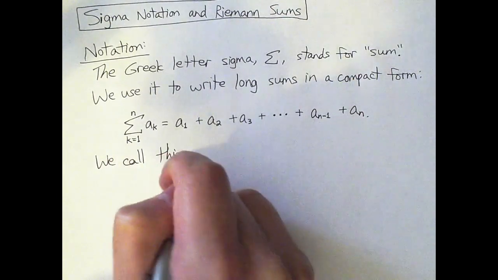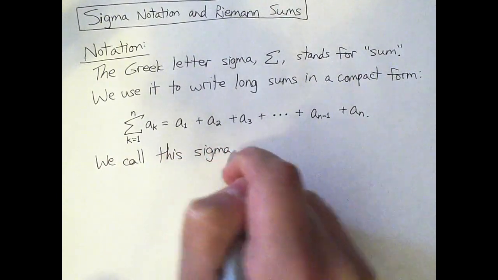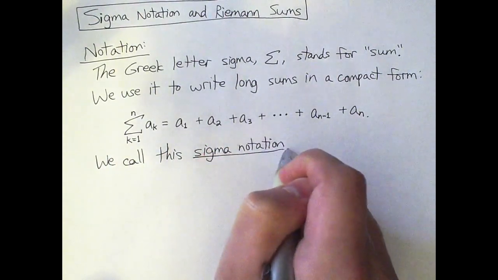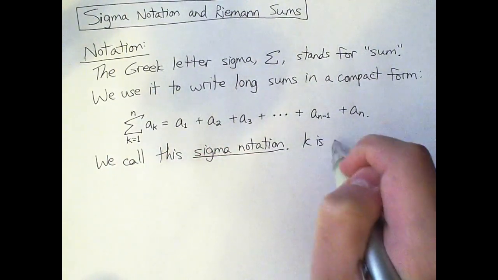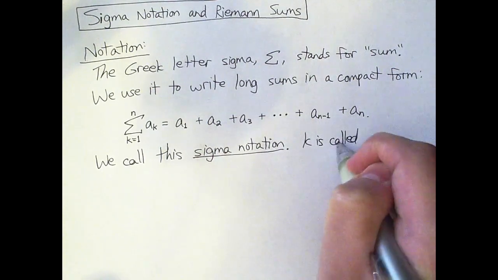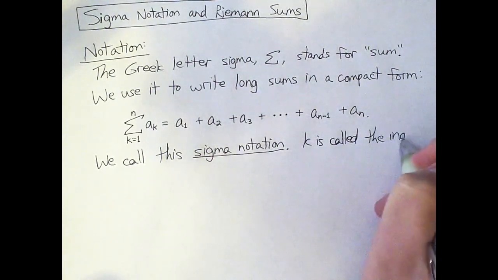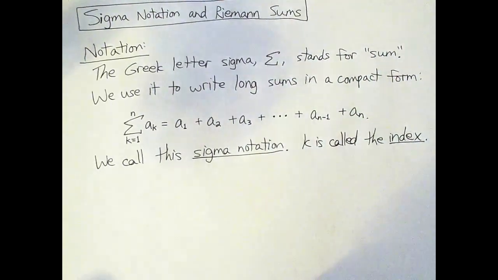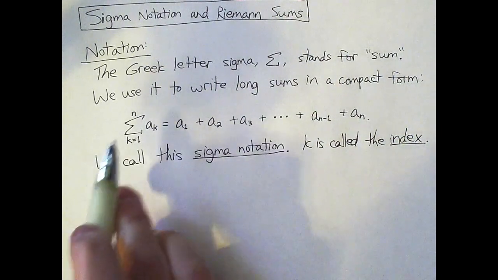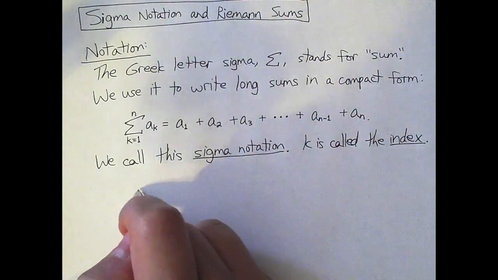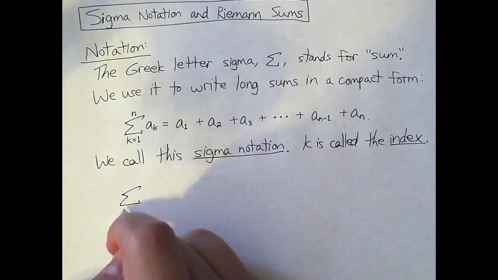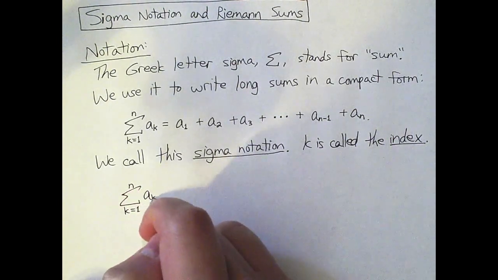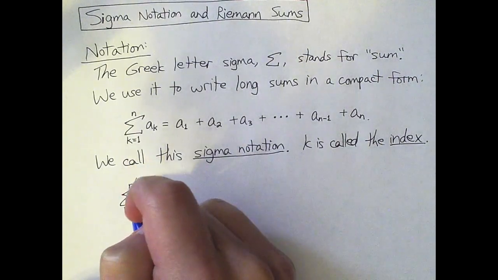We call this sigma notation. K is called the index of the sum. So in this notation, let's talk about what these mean.